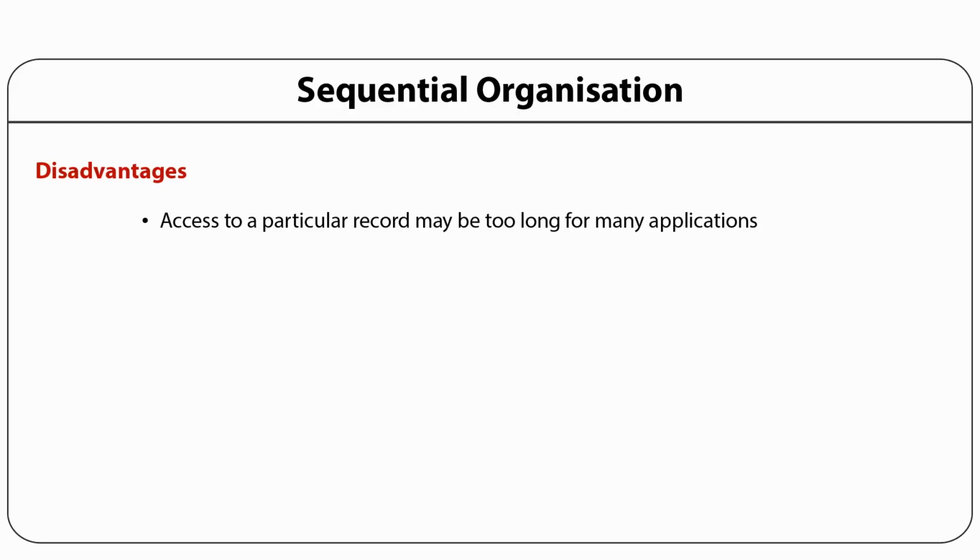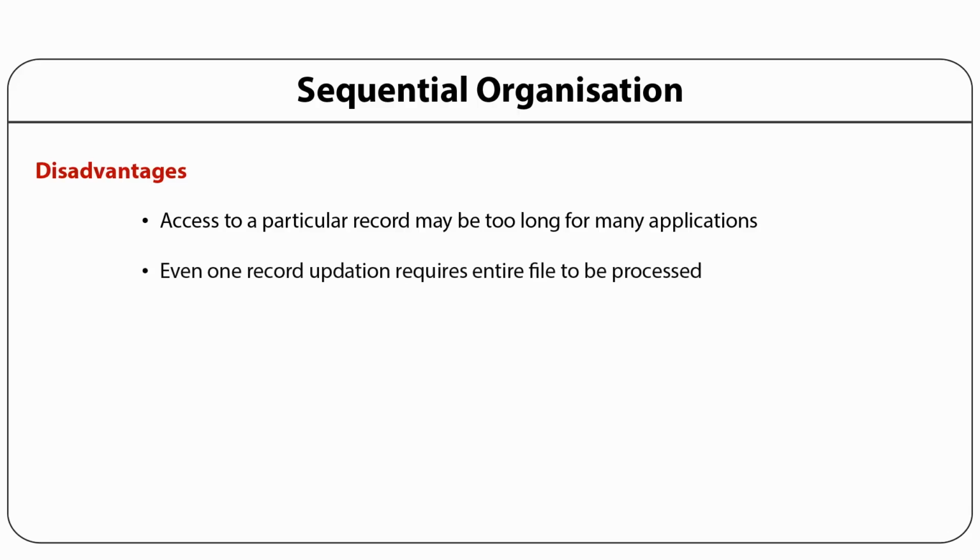Since you have to read records in a sequence, it takes more time to read a particular record, particularly if the record is last in the sequence. So you have to cross all the previous records to access that particular record. So it takes more time while reading on a sequential storage organization.